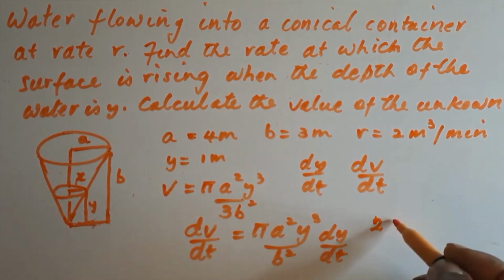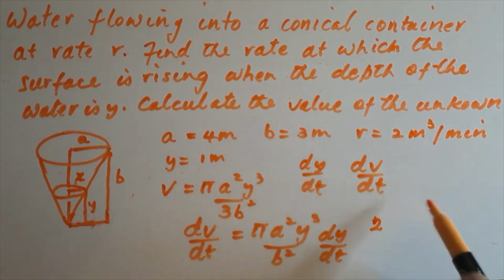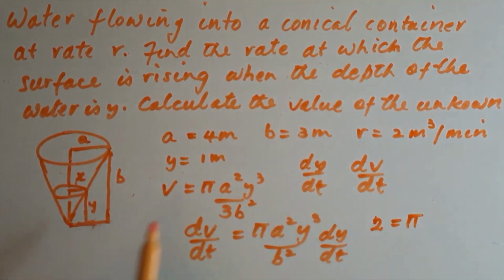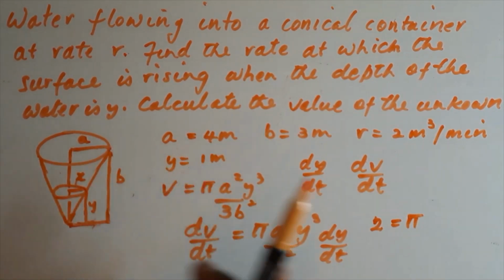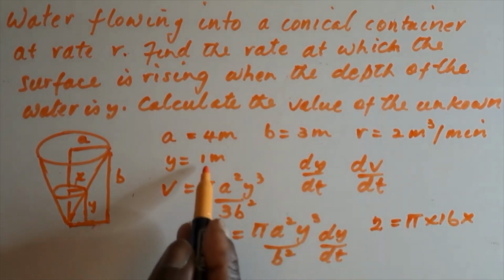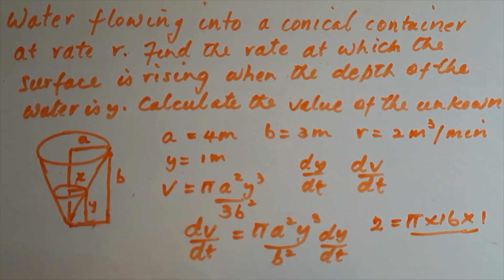So we have that 2, which is r, the rate of change of water per minute, is equal to pi a squared, which is 4 squared, which is 16, times y cubed, which is 1 cubed, which is 1, and it's over b squared, which is 9, and we're multiplying by dy/dt.